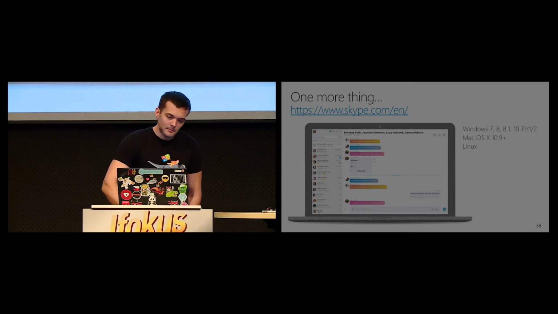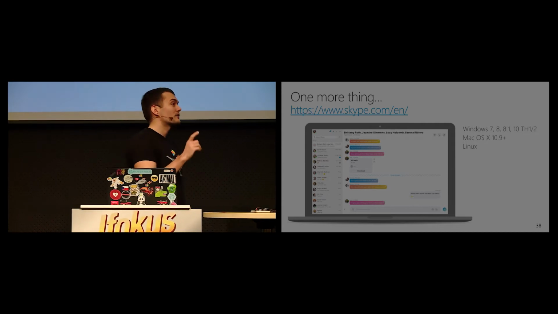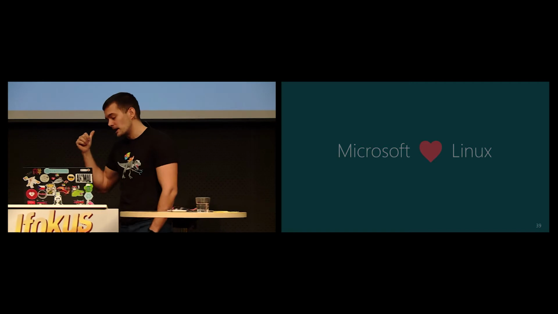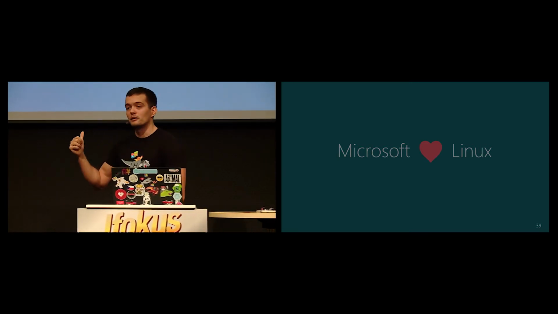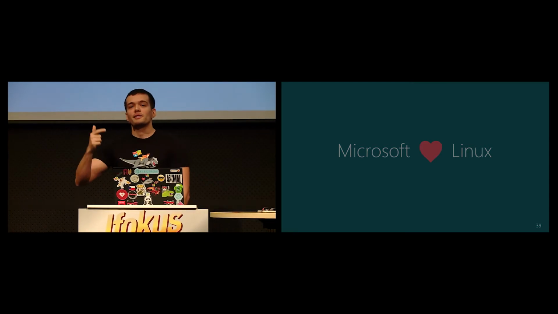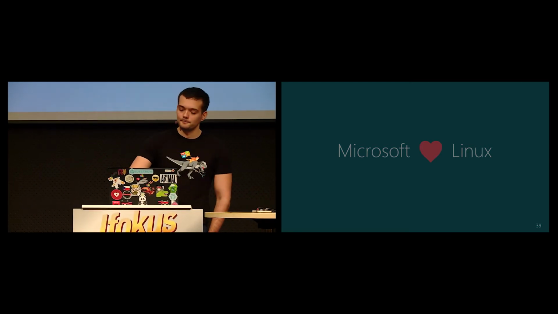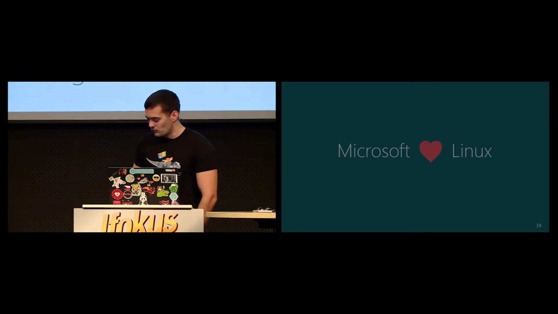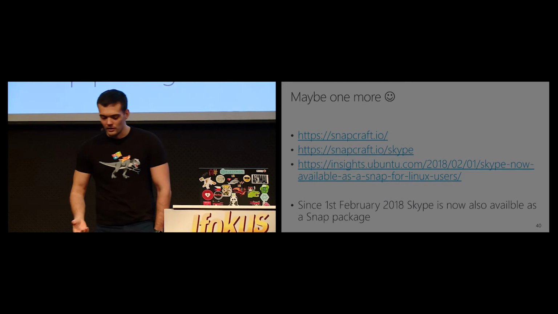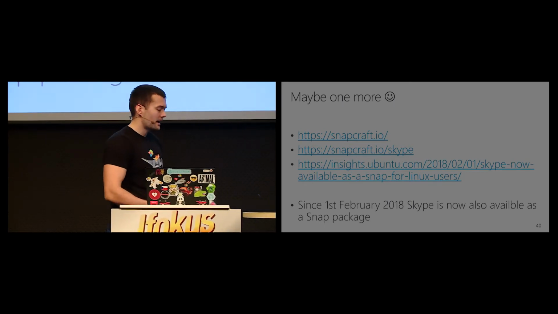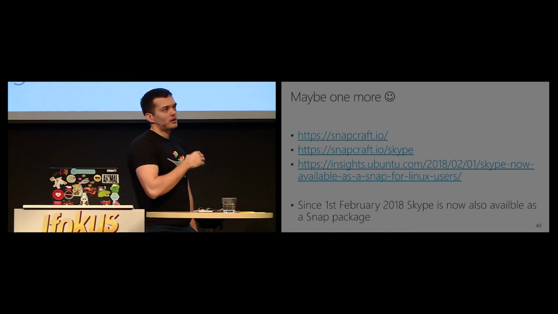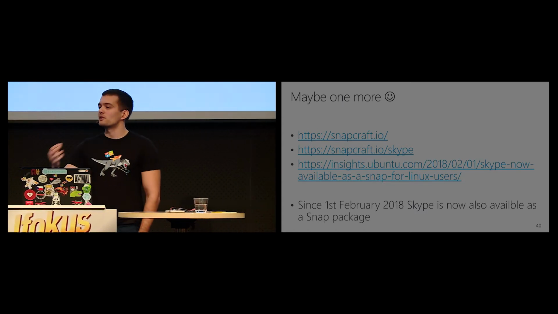That gets me to another thing, that Microsoft actually loves Linux. This is taken from a slide that Satya had at the Build conference, where he introduced the integration of the Linux subsystem inside of Windows 10. And why I'm saying that Microsoft also loves Linux in terms of Electron is that we have had a Linux app for a long time, but it was never maintained.